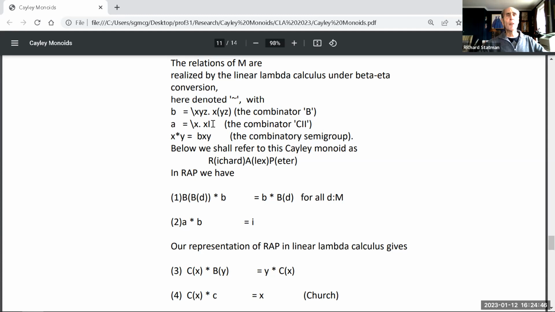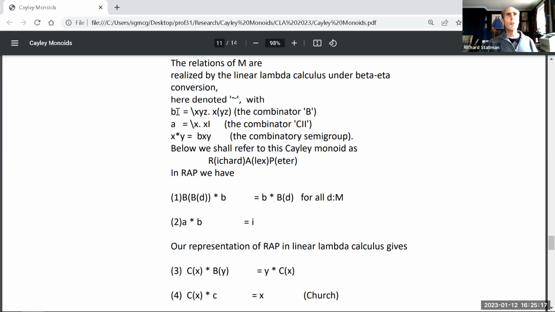There are two generators that are missing. The generator that's missing is B of C. So you have B. You only have CII. You don't have C. You don't have CI. You only have CII. There are two of the four.